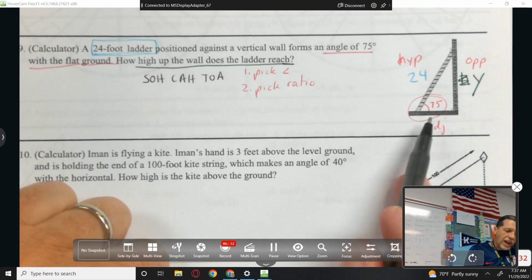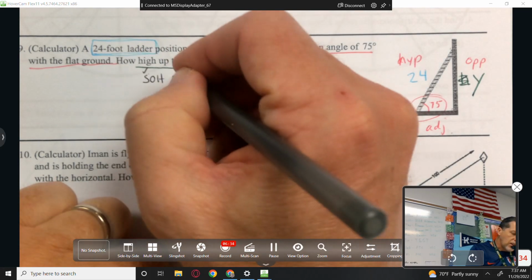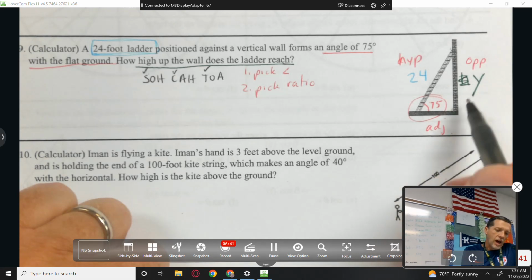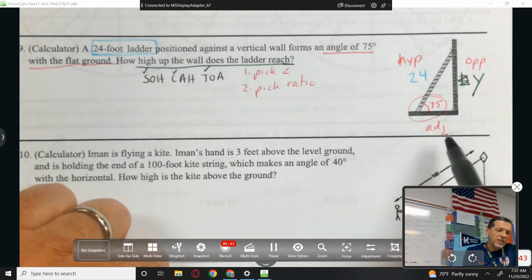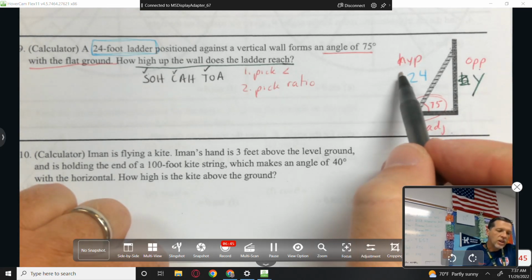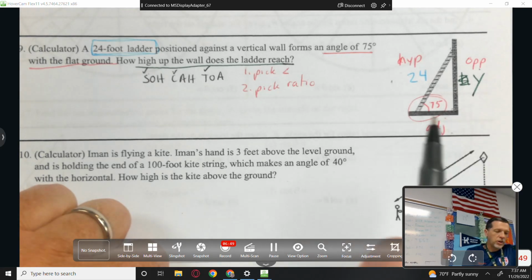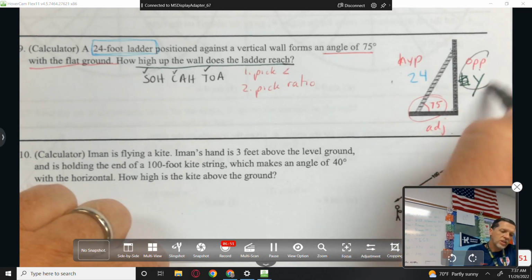So I know the angle, so I'm good with sine, cosine, or tangent because I can punch those in the calculator. I want to find opposite, and I know the hypotenuse. So if I'm using opposite and hypotenuse, which trig ratio should I use? That would be sine.